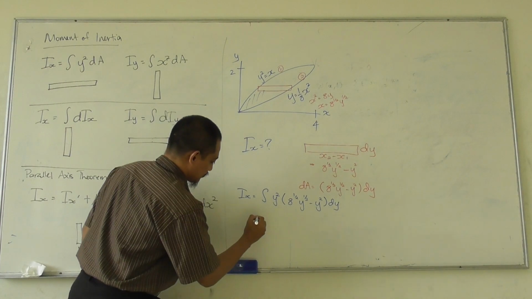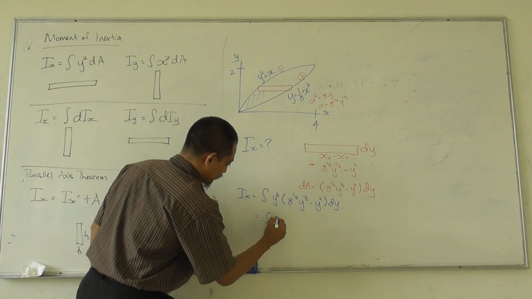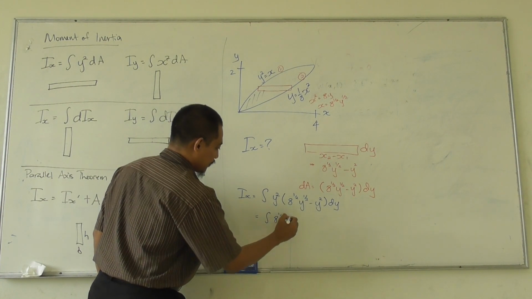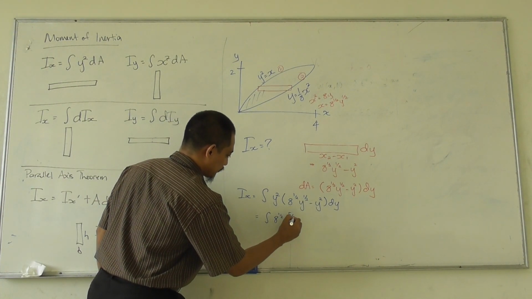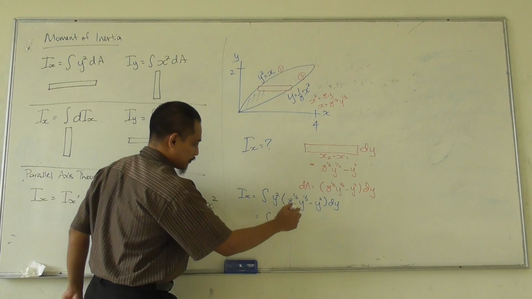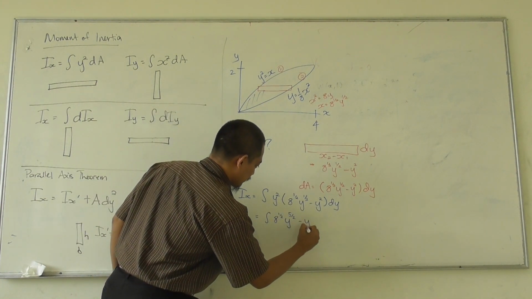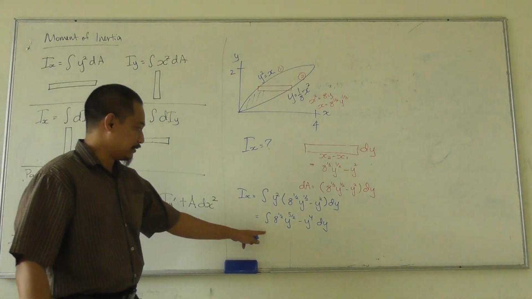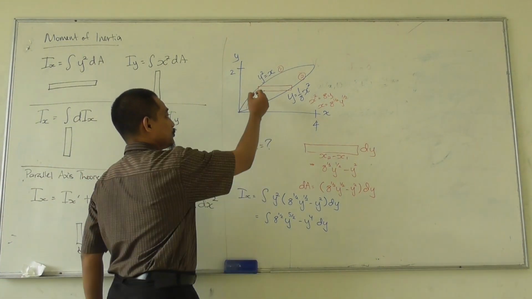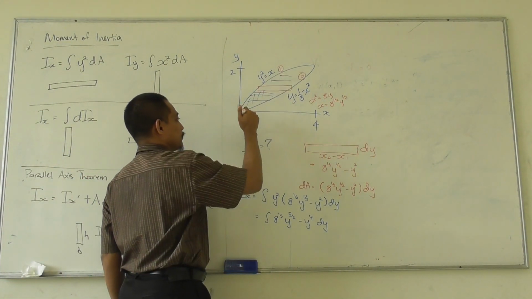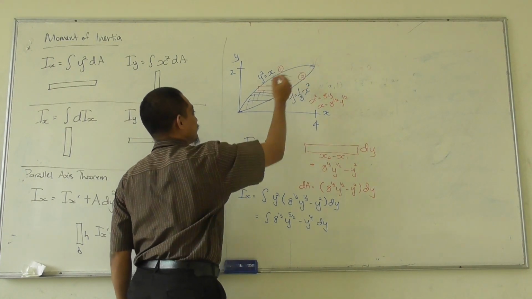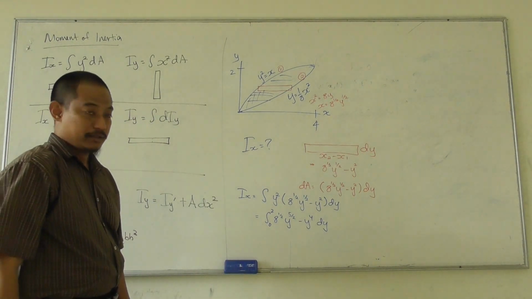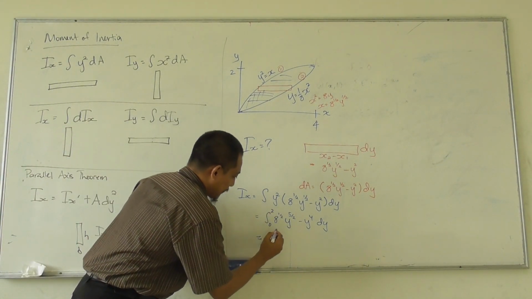And then expand this, we'll get the integration of 8 to the half, y to the power 5 over 2, minus y to the power 4, dy. What will be the limit? When you chop off like this, the first element here, the last element here, meaning from 0 to 2. 0 to 2. Right.